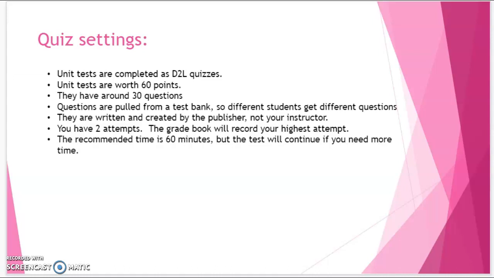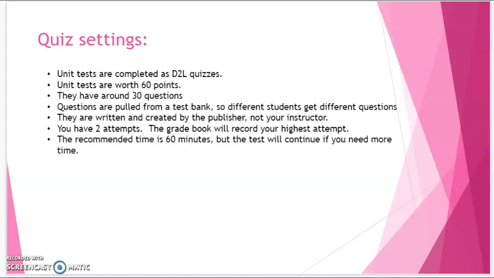Each unit test has around 30 questions. The questions are pulled from a test bank, so different students get different questions. The questions in the test bank are written and created by the publisher, not by me, your instructor.